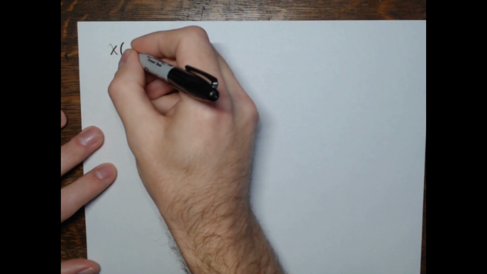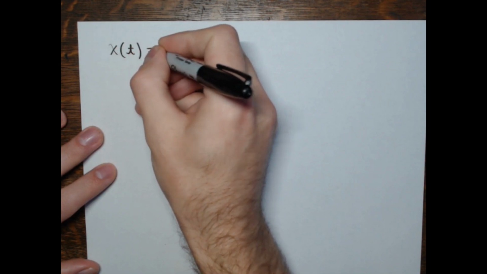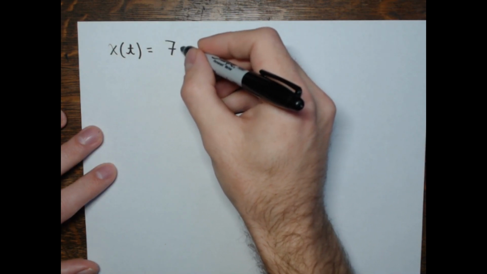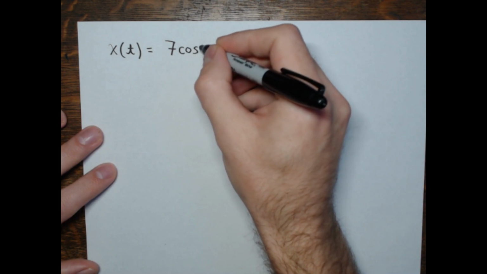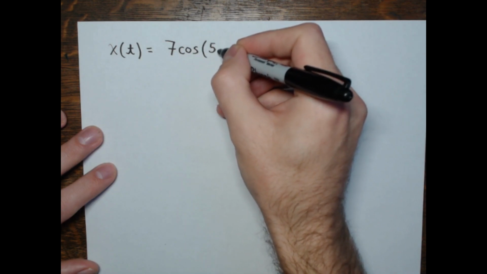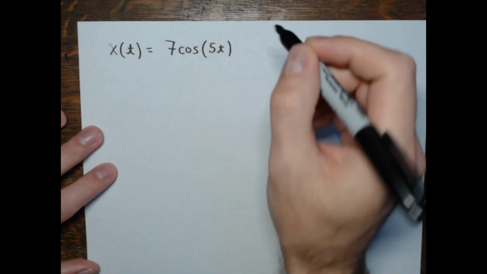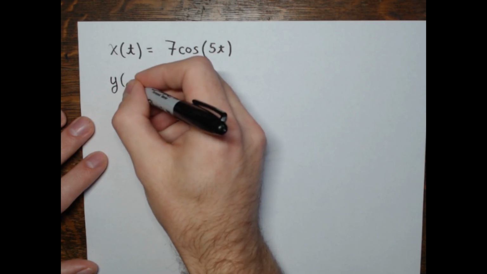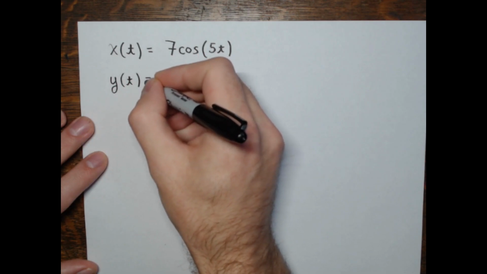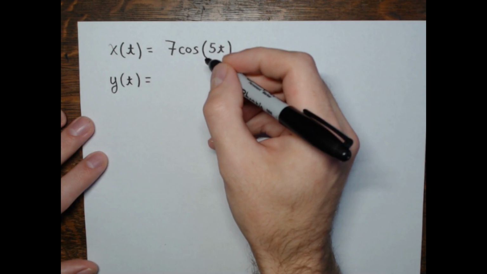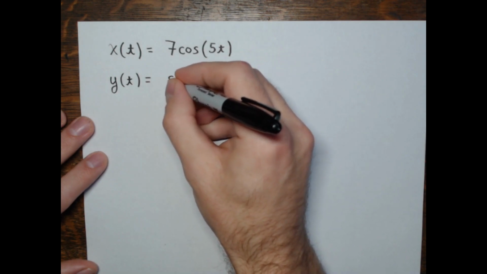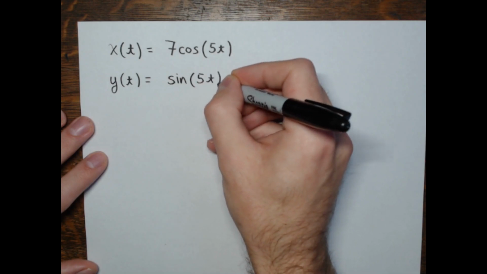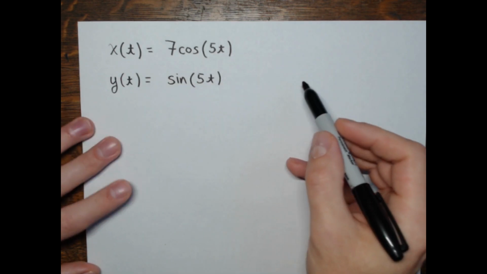Our parametric equations are the following. x of t, the x coordinate for any given value of t, is 7 times the cosine of 5t. And then y of t is just the sine of 5t.